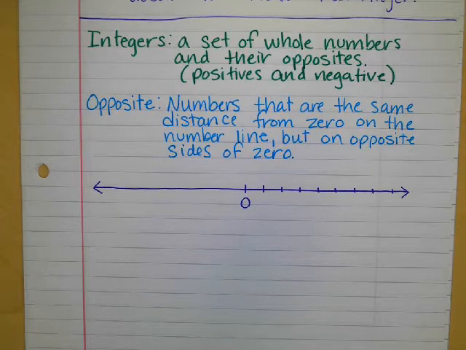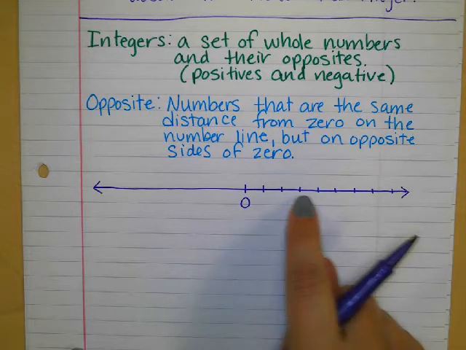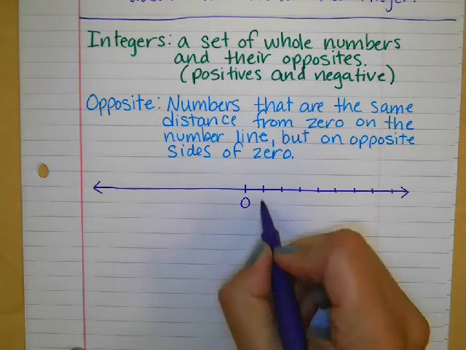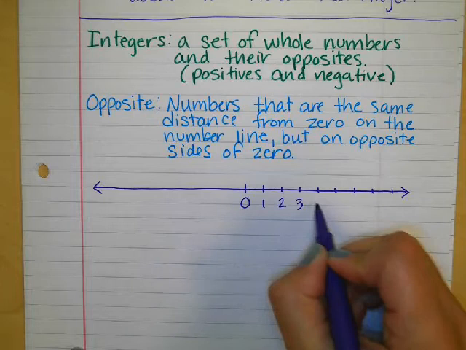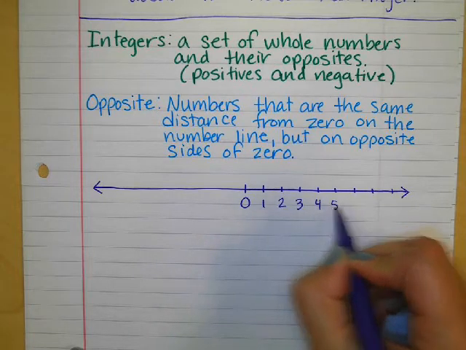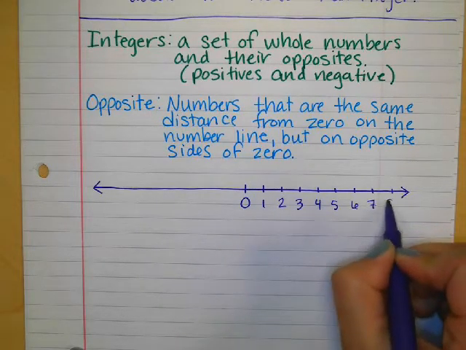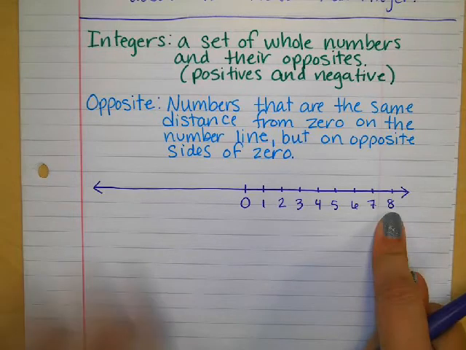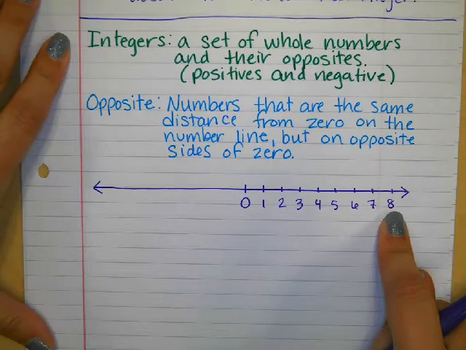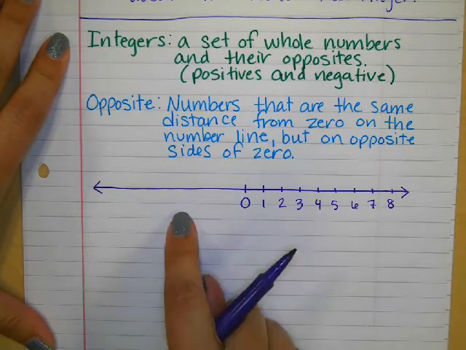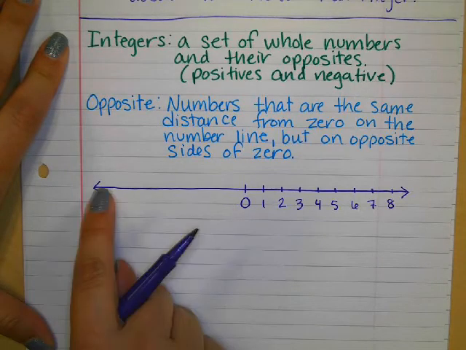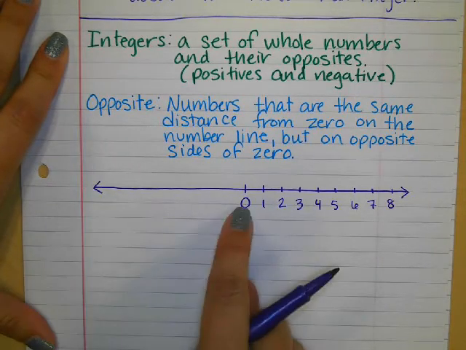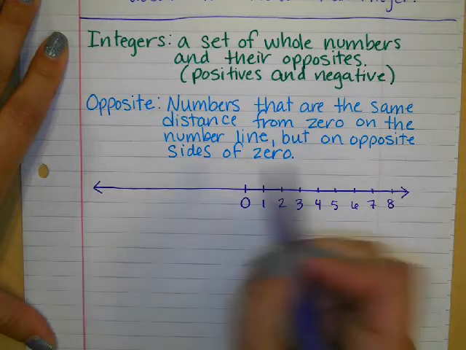So the key to our number line is that we make our tick marks, these little lines, evenly spaced so that we can show that these are the same distance between each of them. On this number line, I went up to 8. You could continue depending on how much room you have. Now on the other side of the 0, you want to make sure that they're still evenly spaced, but from here, we're going in the negative direction, the opposite.